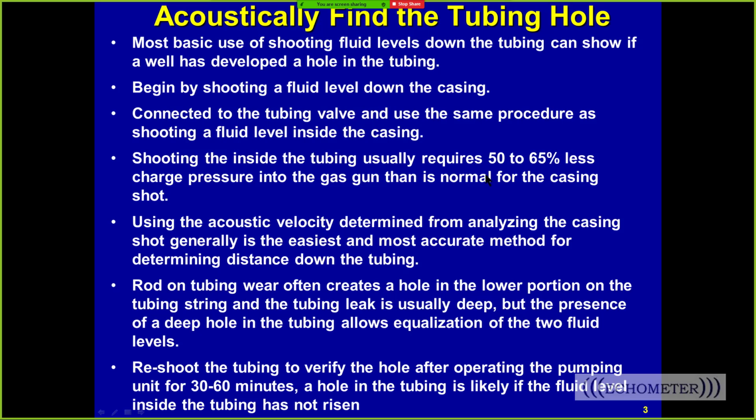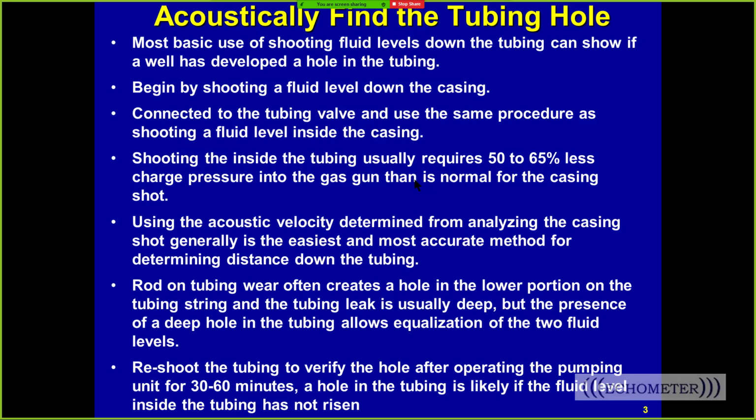rod boxes or couplings on the sucker rods, then you have a different length of the spacing, and you have to be cautious about using the average joint length in the tubing and the casing, vice versa, because you'll get confused. And so what we usually recommend is that you use the acoustic velocity determined from shooting the casing for the tubing shot, so you don't get your average joint length confused between a 31.7 foot average joint length for the tubing joints versus a 25-foot typical sucker rod average joint length.